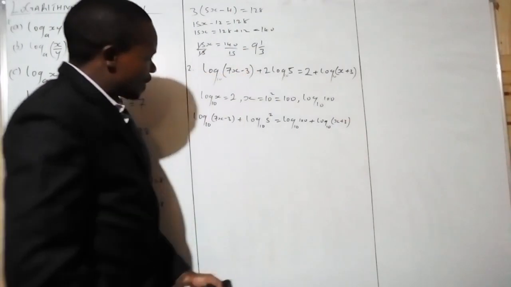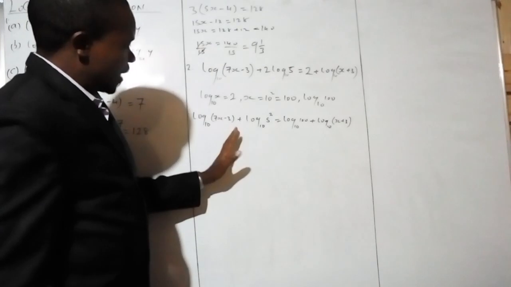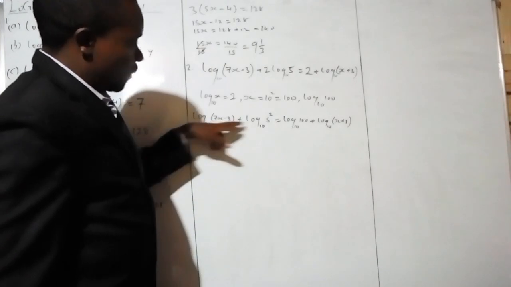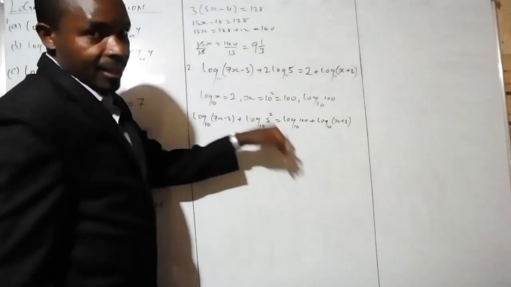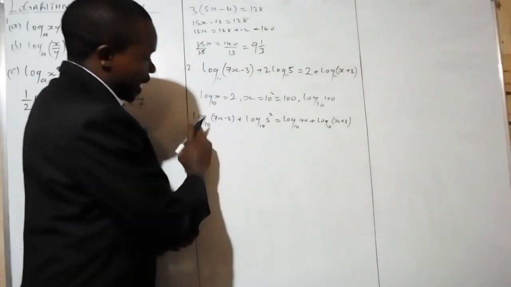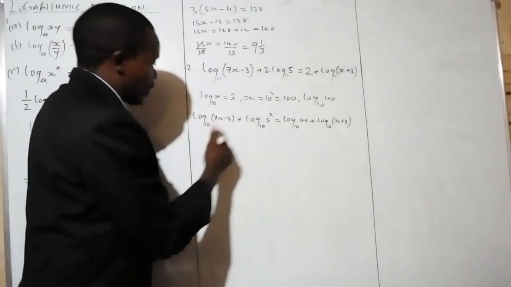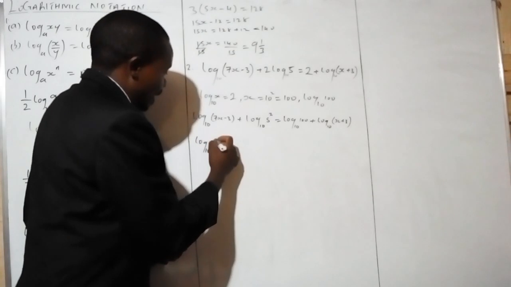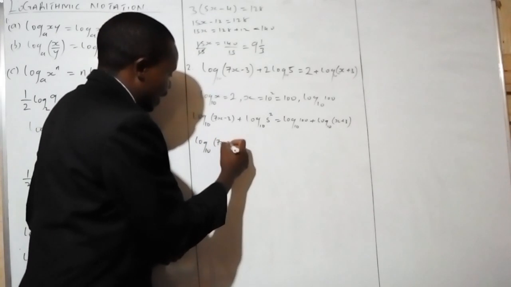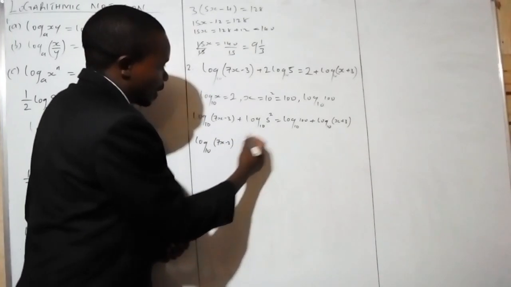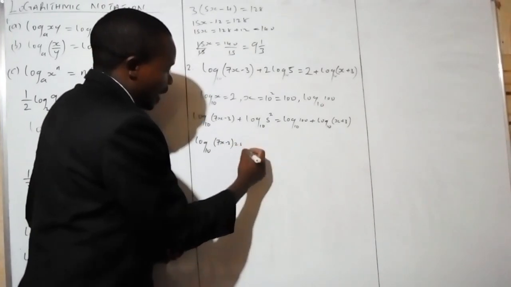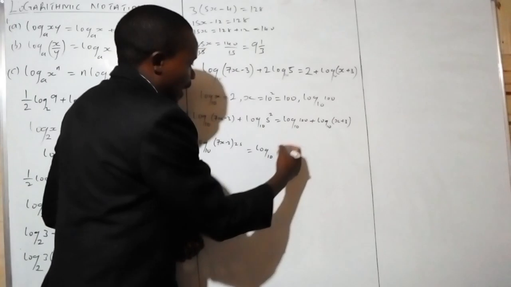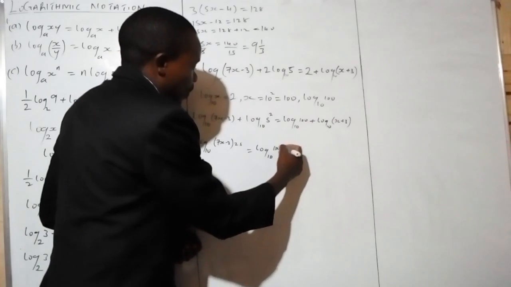On our left hand side, we have plus, and when we have plus we multiply. When we have minus, we divide. Pick a single log to base 10 because they are common. Log to base 10 of (7x - 3) times 5 squared, which is 25, is equal to log to base 10 of 100 times (x + 3).